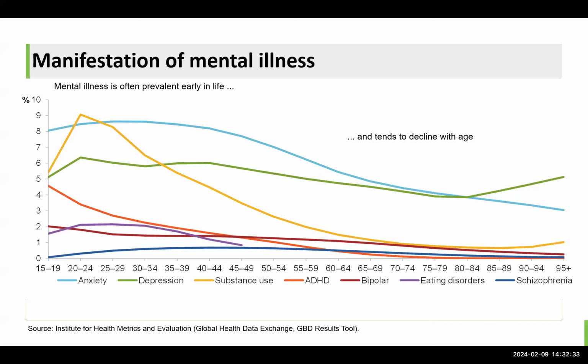But just looking at age, for example, you can see that some mental illnesses are often prevalent in early life. And one of the most tricky age groups is usually the 20 to 24, as you can see. There's a reason why you're starting at 15, because children below 15 are really not exposed or cognitively aware of some of the challenges they go through to become triggers for poor mental health.